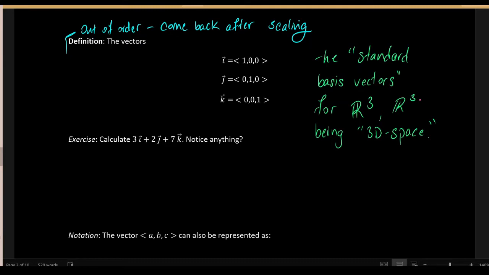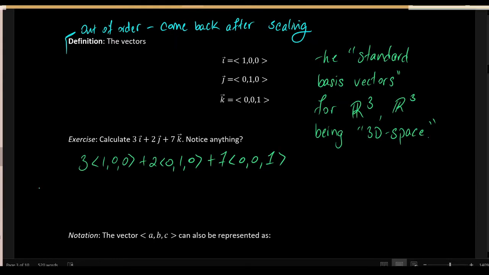Someone gives me 3 times i plus 2 times j plus 7 times k. So let's go ahead and do 3 times 1, 0, 0 plus 2 times 0, 1, 0 plus 7 times 0, 0, 1. As always, PEMDAS still applies, so we need to scale before we add anything together.